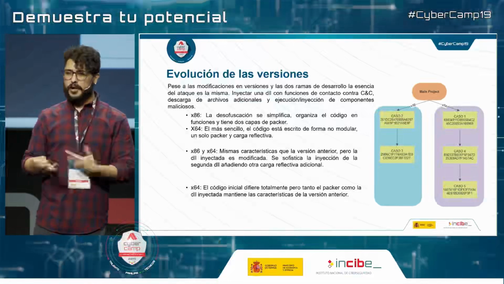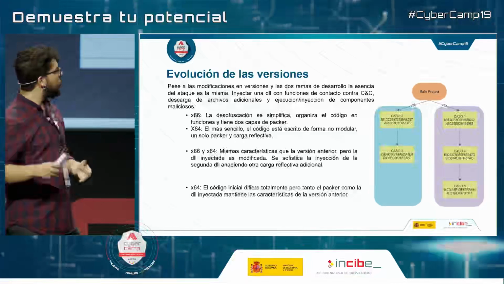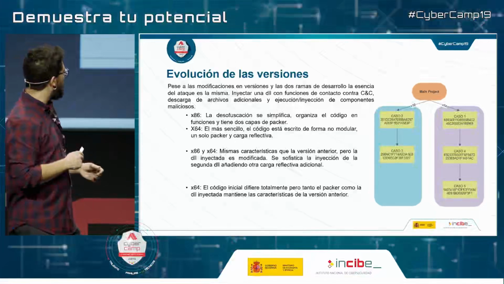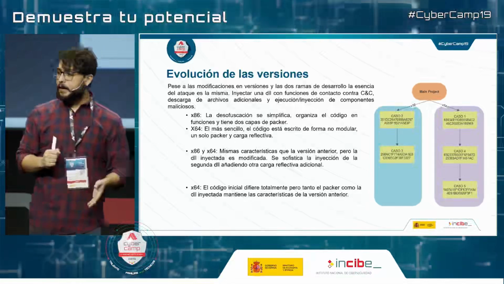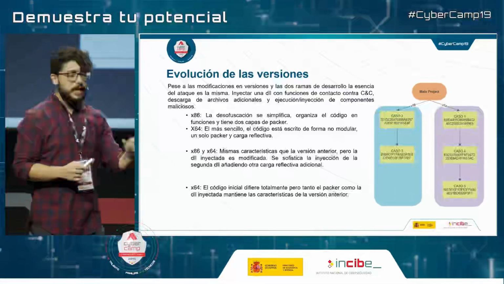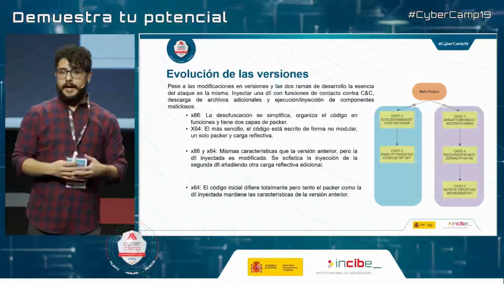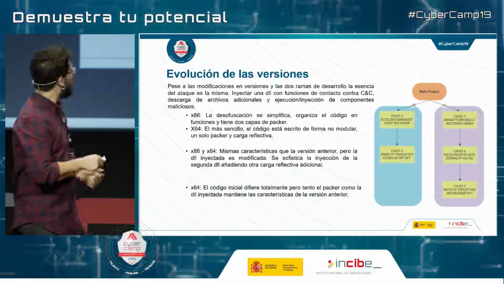Then in the second stage, chronologically speaking, we see that everything is kept, but the injected DLL has changed, and in the last case, case number 5, we can observe that the initial wrapper has already changed.